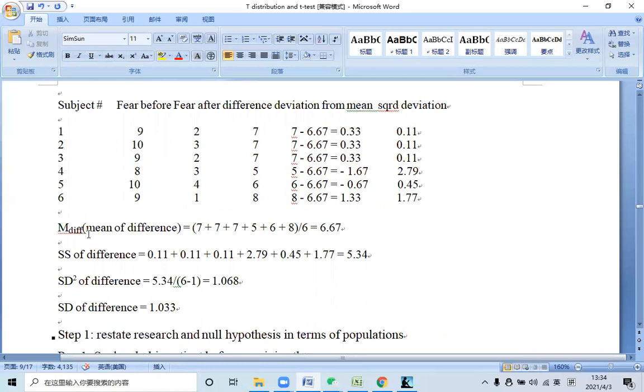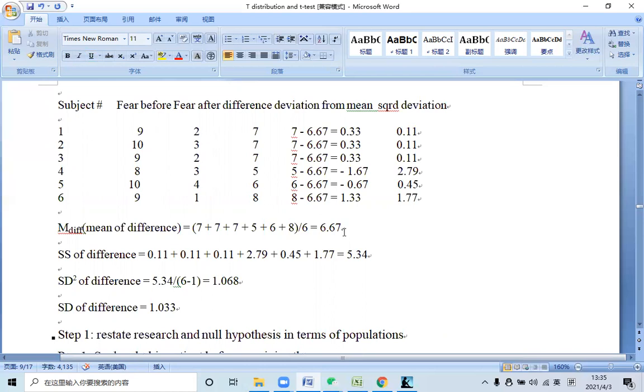But in this sample, in our sample of 6 people, it's not 0. The difference is pretty large. This is pretty far away from 0, 6.67. And that's different from 0 by a long shot.